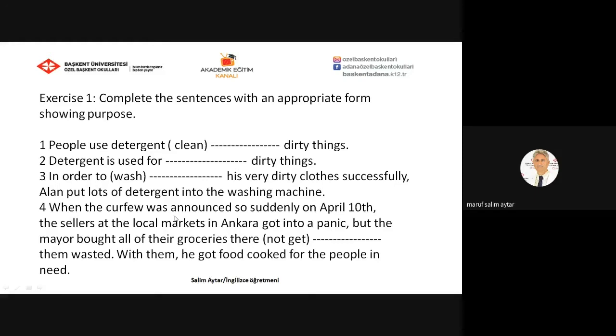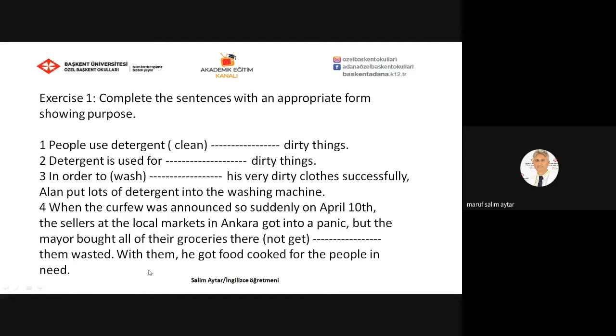When the curfew was announced so suddenly on April 10th, the sellers at the local markets in Ankara got into a panic. But the mayor bought all their groceries there for what? Not wasted.